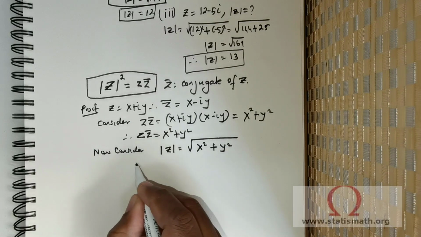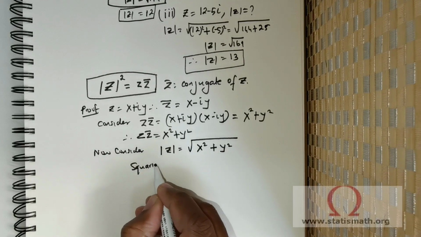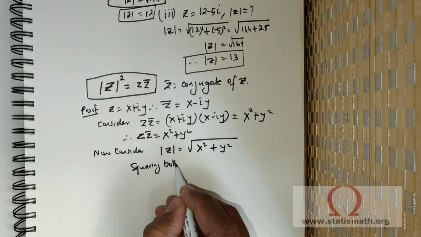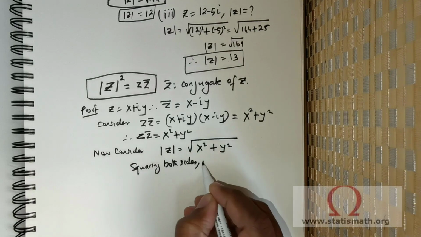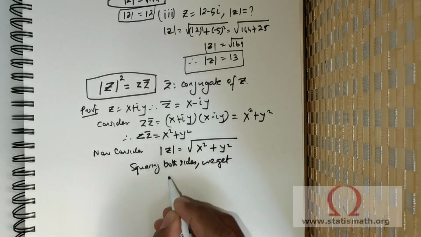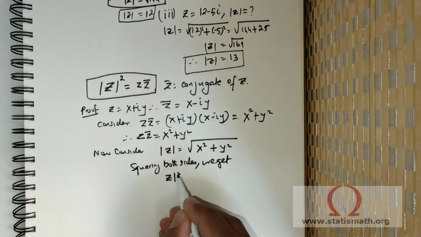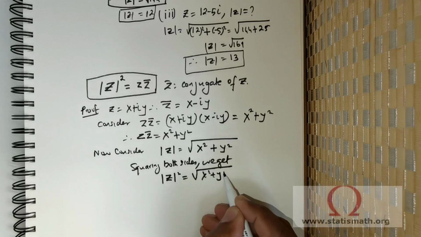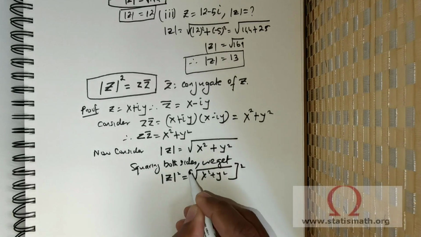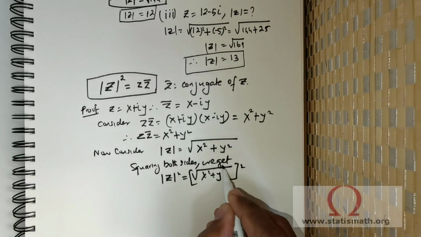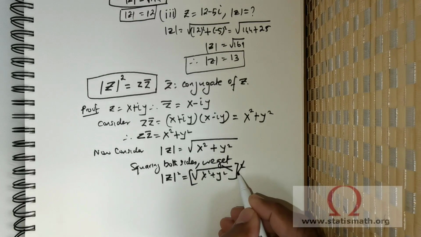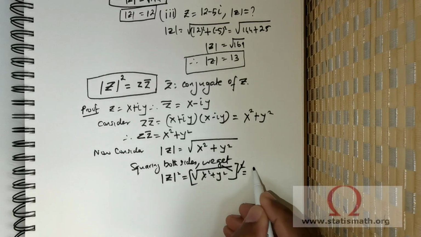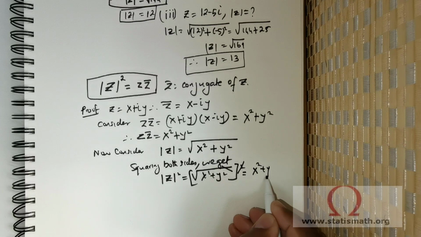Now squaring both sides, what happens? This is going to be modulus of z squared equal to root of x squared + y squared, raised to the power 2. Clearly the radical sign, the square root sign, and the square both get cancelled out, giving me x squared + y squared.